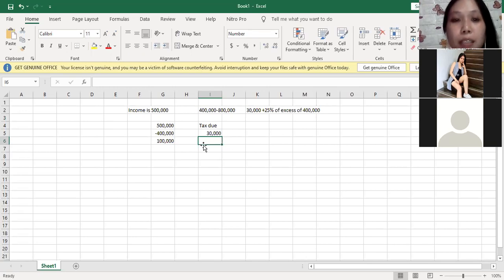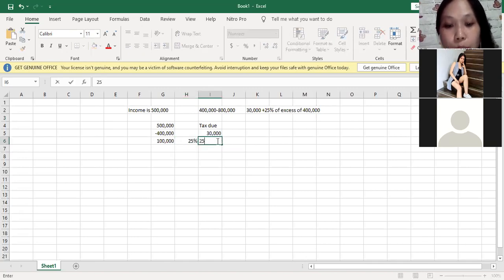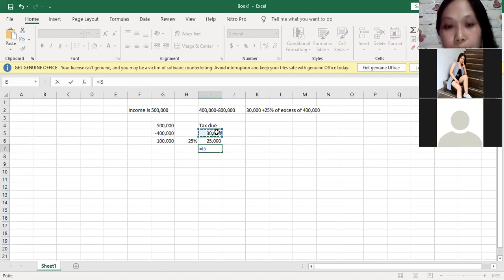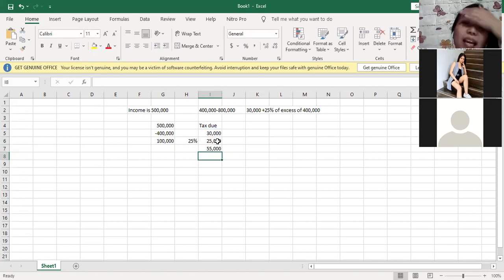But the 25% of 100,000, you get only the 25%. So the 25% of 100,000 is 25,000. Okay, so the total tax due will be 55,000.